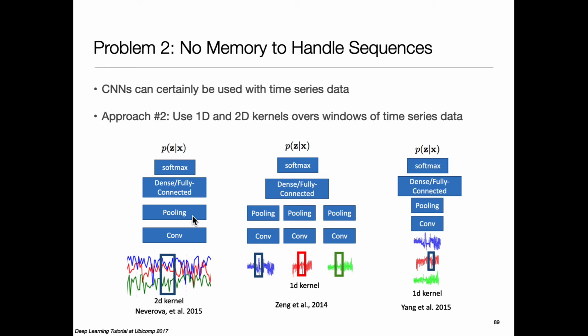So let's say some sporting event, and you're trying to classify it. A single image may not tell you, but a sequence of images tells us. And one way to handle it without introducing an RNN would be to just think of it as a gigantic image.